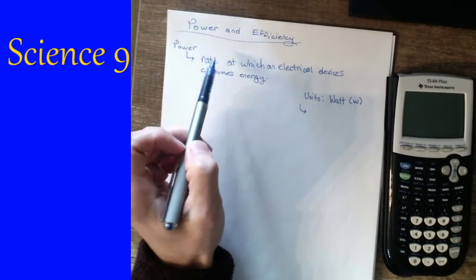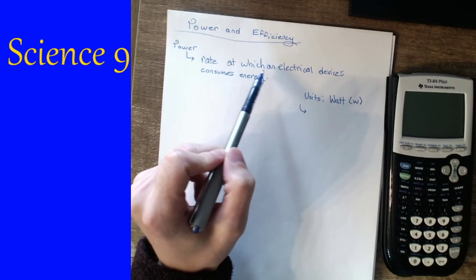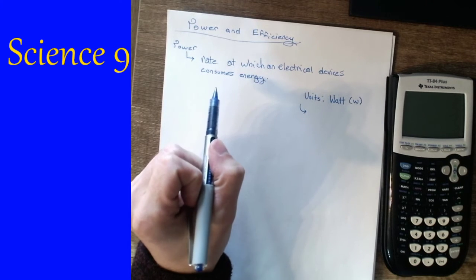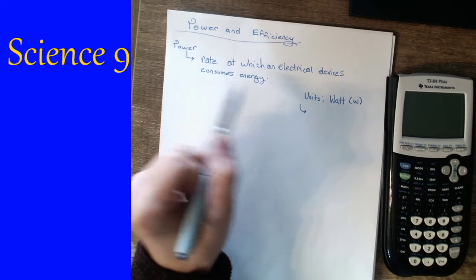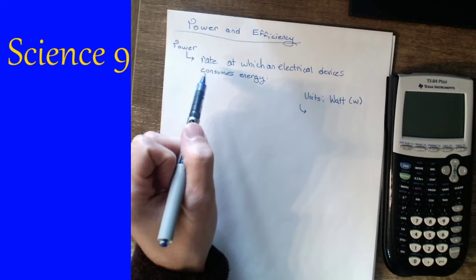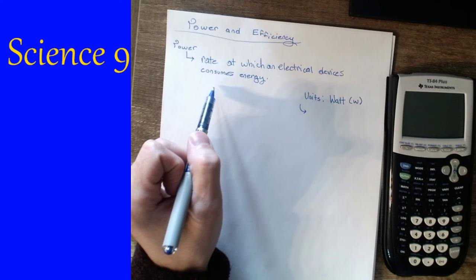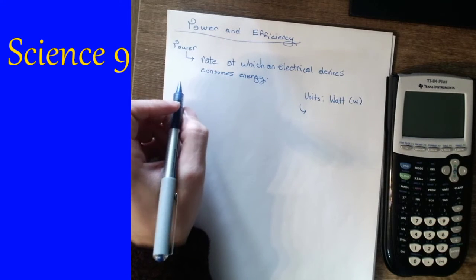Power is the rate at which an electrical device or devices consumes energy. So every electrical device consumes energy. The power is how much energy it actually uses. And actually that kind of leads us into our formal definition.